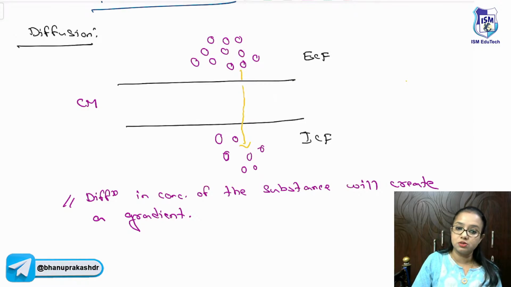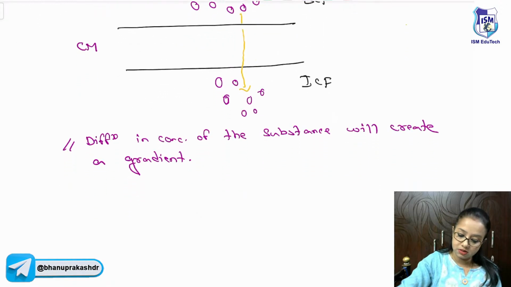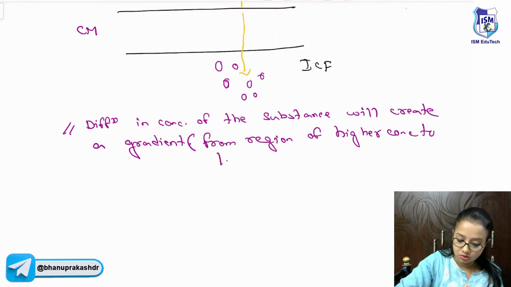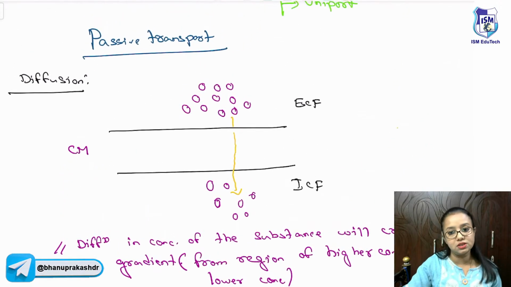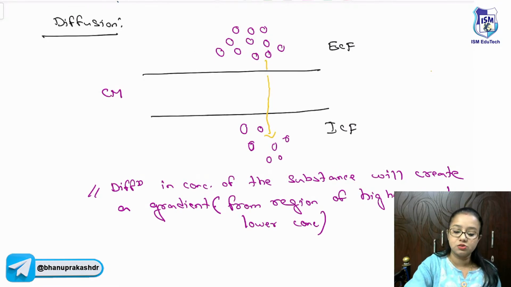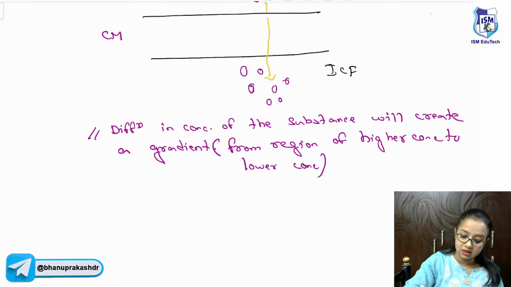It just follows the concentration, from a region of higher concentration to lower concentration. Simply like that, without the need of energy and carrier, the substance will flow from the ECF to the ICF because in the ECF the concentration is more. This is called diffusion. Now in diffusion there are two types, simple and facilitated.